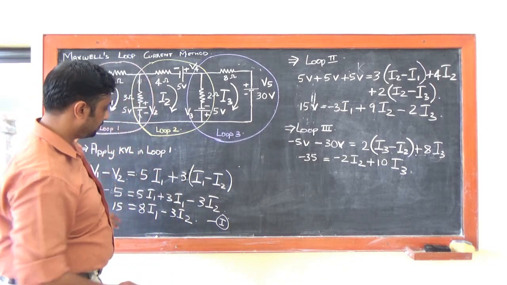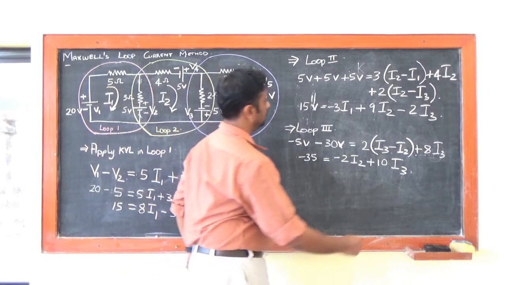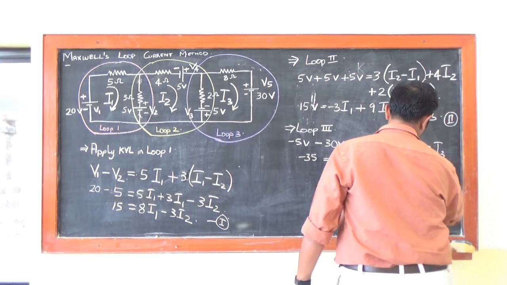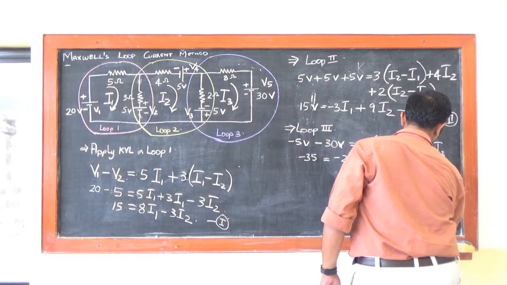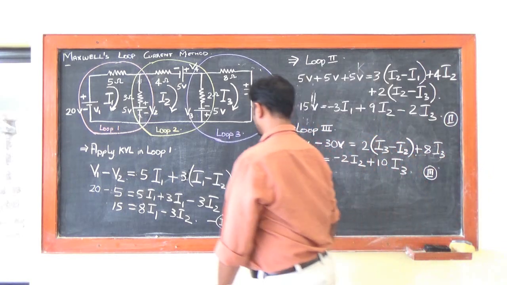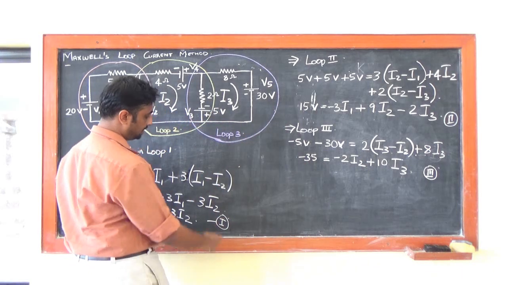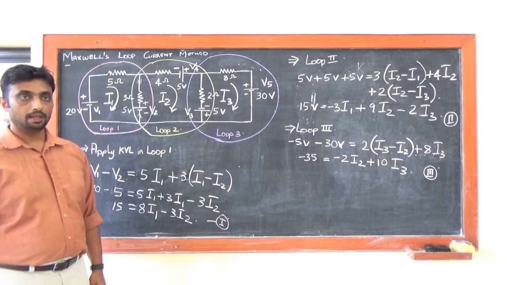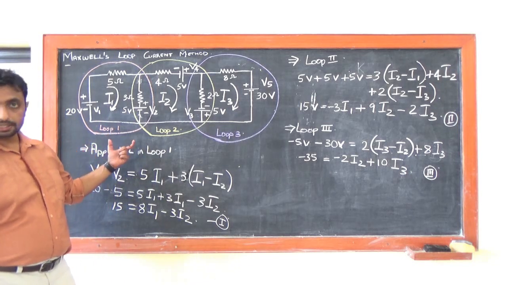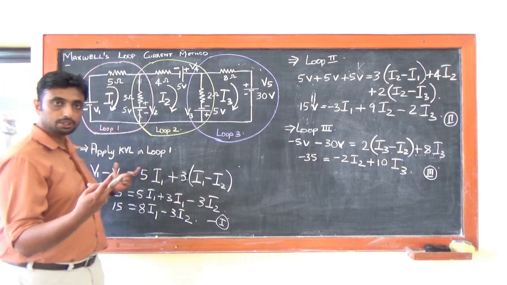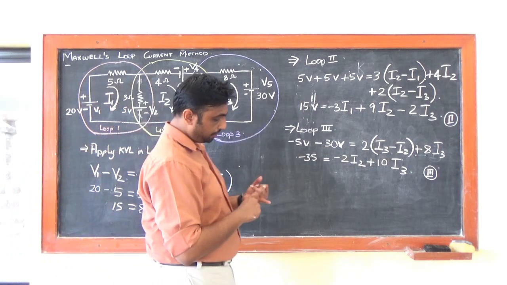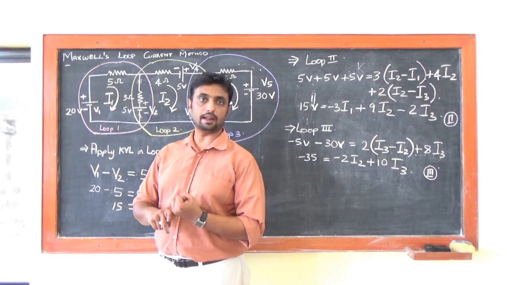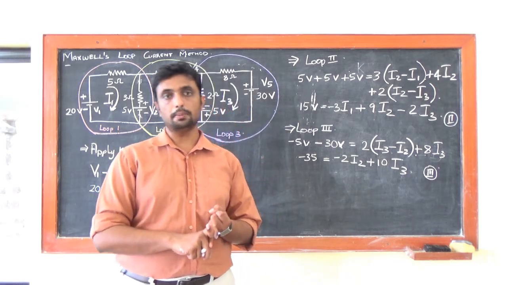So I have my equation 1, I have my equation 2, and I have my equation 3. Now Maxwell's loop current method has 2 possibilities. Either you could go directly for equation mode using simultaneous equation and find out, or you could use matrix.